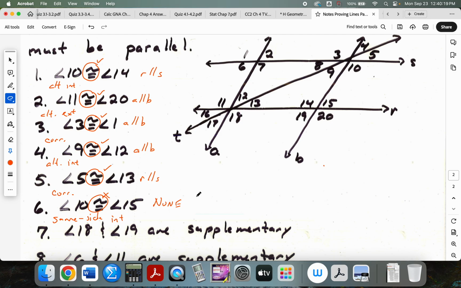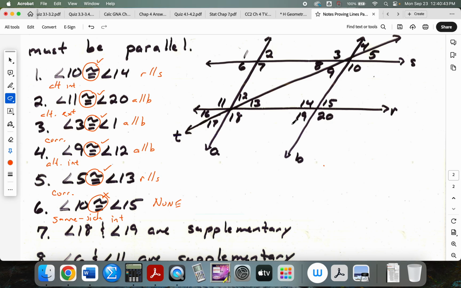Now there are several ways you could get none. This is one way. It is a type of angles, but they don't have the right relationship. Another way is where they aren't any kind of angles. For example, if I told you that angle 19 and angle 10 were congruent, what type of angles are 19 and 10? None.